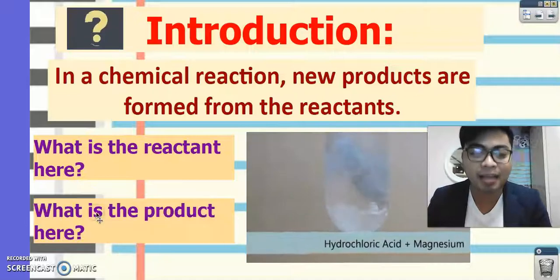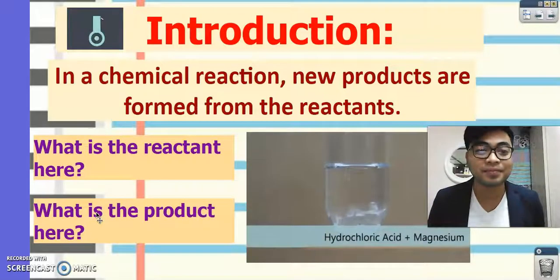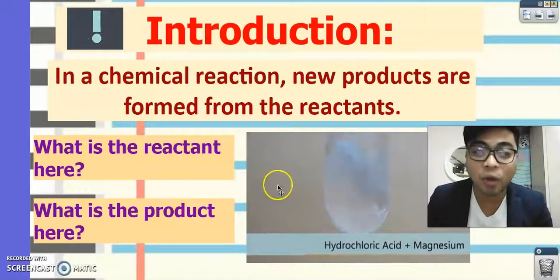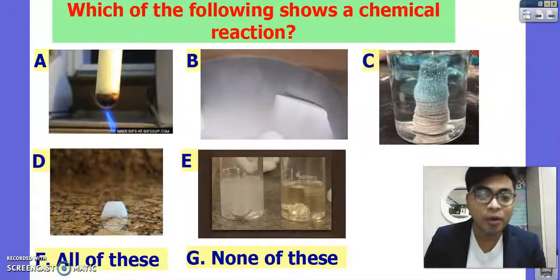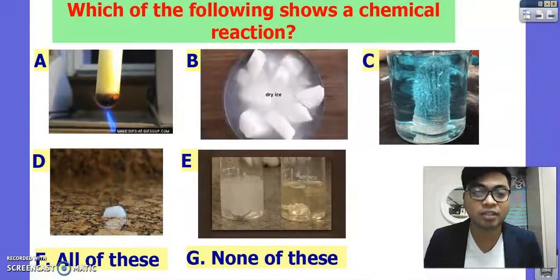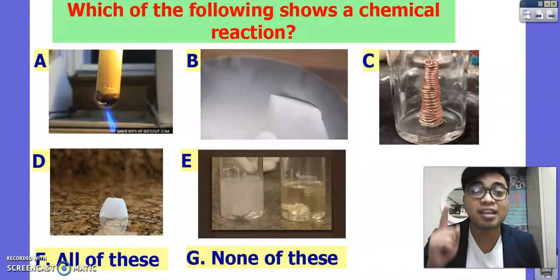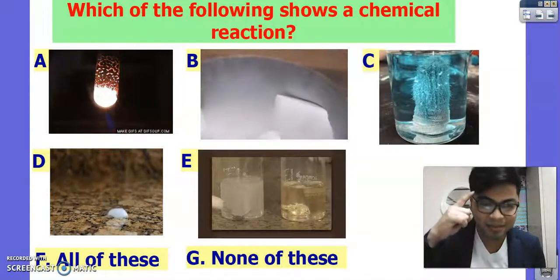So if we react these 2 reactants, what is the product? Very good. It is magnesium chloride. So going into these pictures, talking about chemical reactions, which of the following here you think is a chemical reaction? Think.